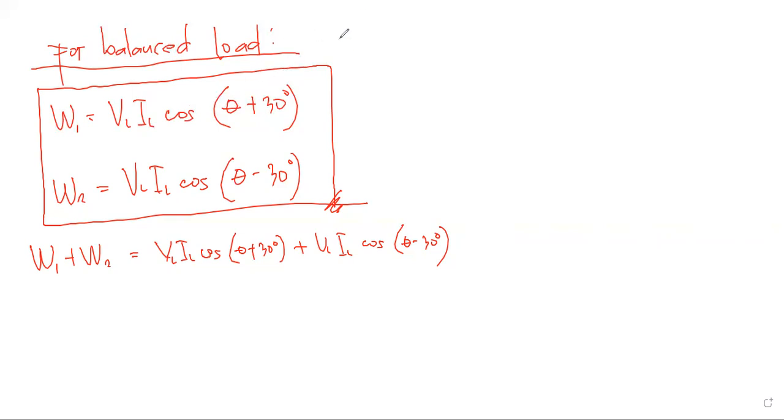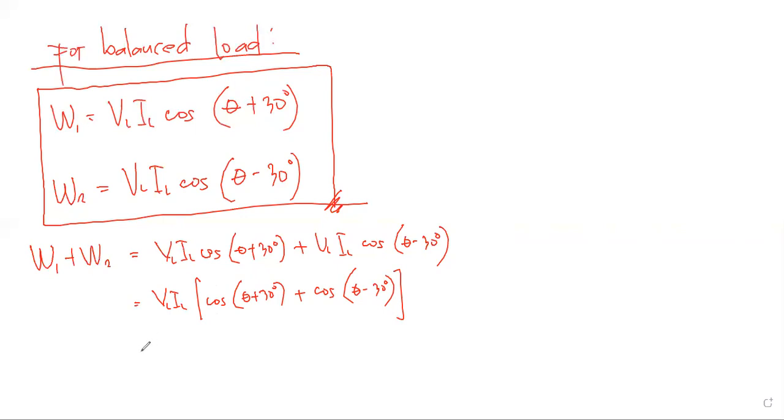You don't have to write the positioning of the wattmeters, just to obtain the reading. Let me continue. We can factor out VL IL. Then this is cosine of theta plus 30 plus cosine of theta minus 30.